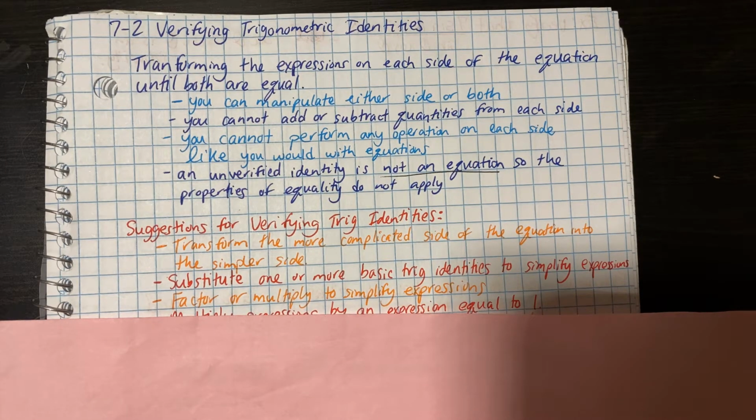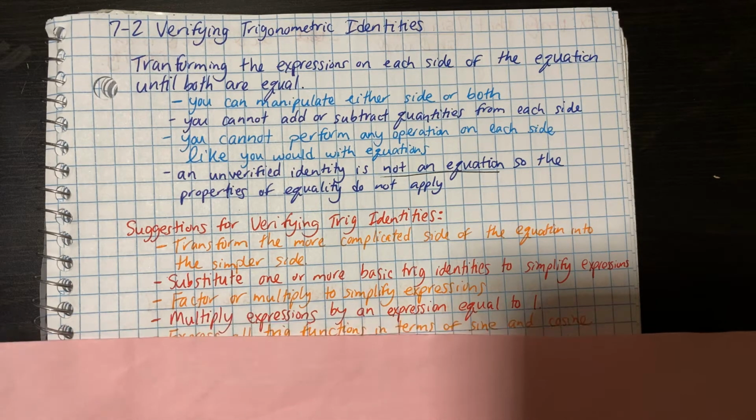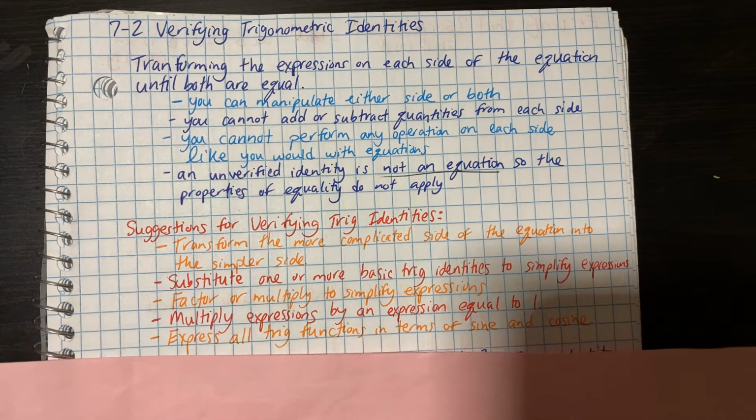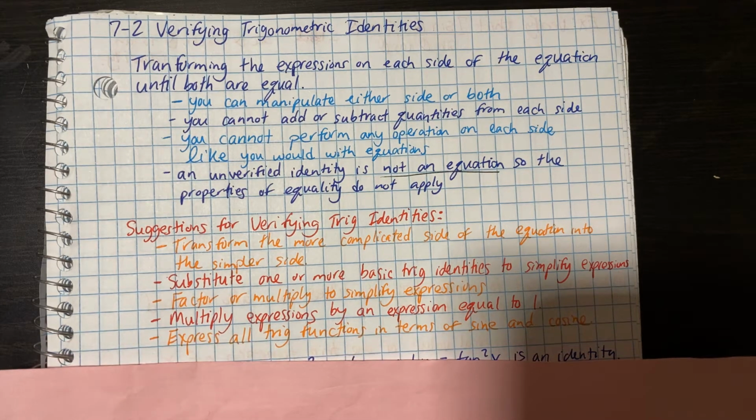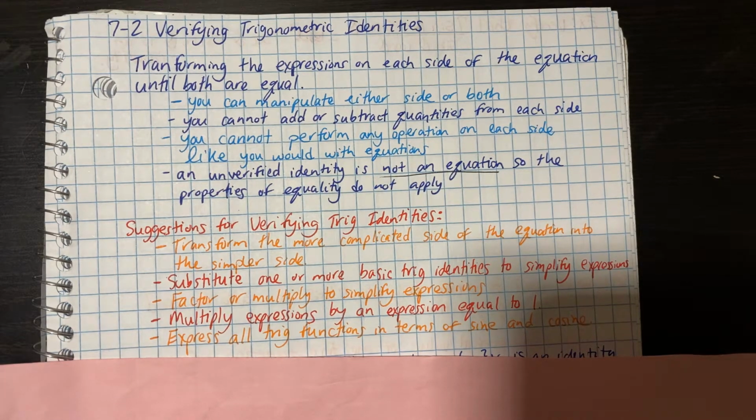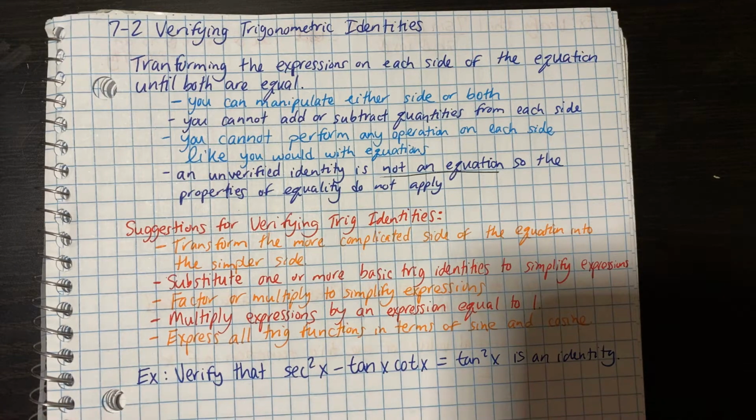Next, factor or multiply to simplify expressions. Multiply expressions by an expression equal to 1, so sine of x over sine of x equals 1. Express all trig functions in terms of sine and cosine.